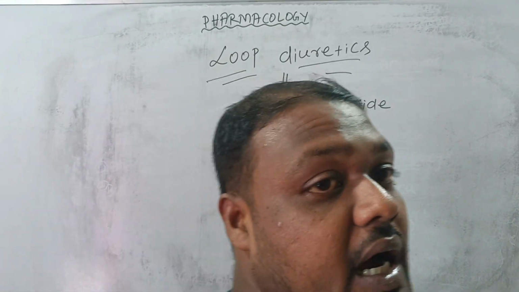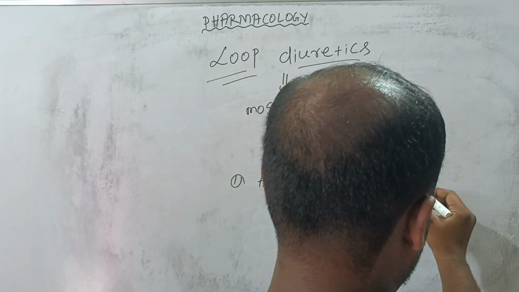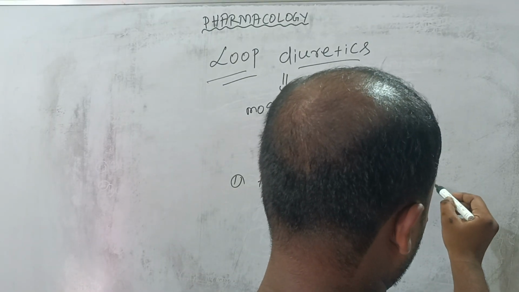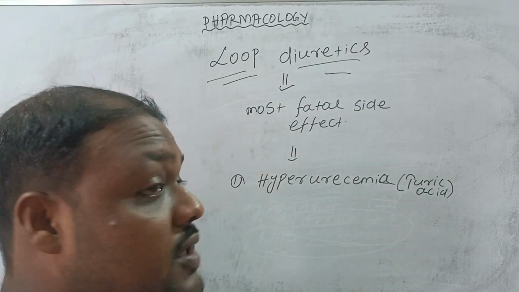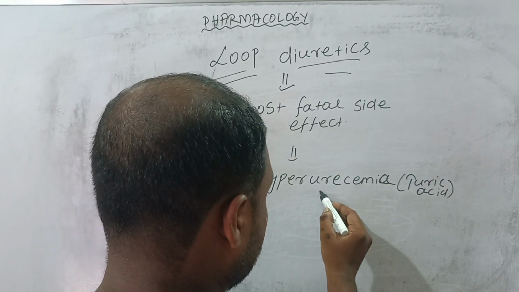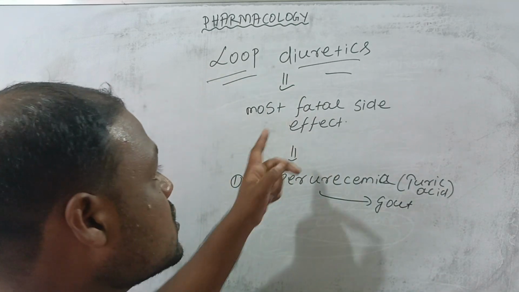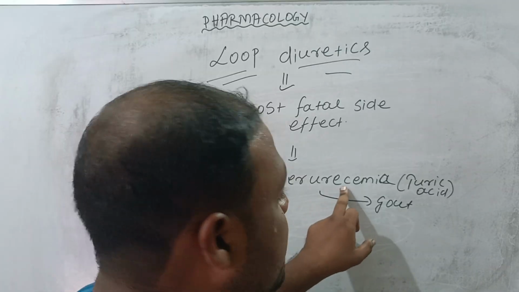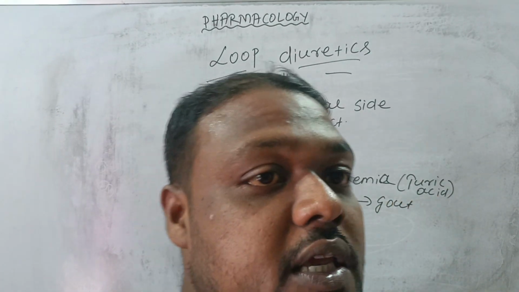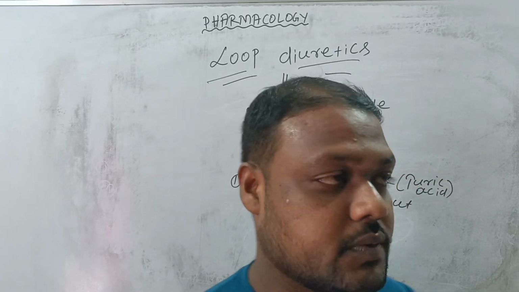Hyperuricemia means high uric acid in blood, increased uric acid. So that it causes gout. Clear?